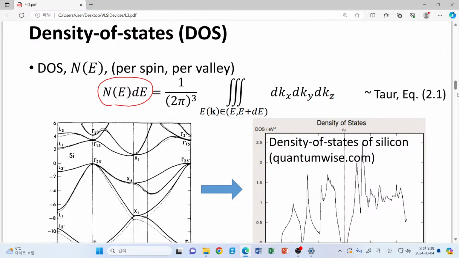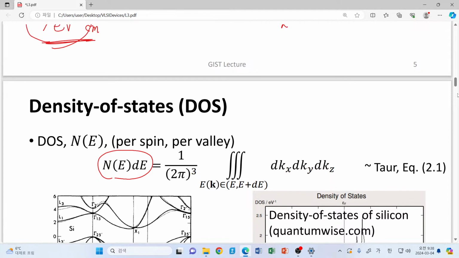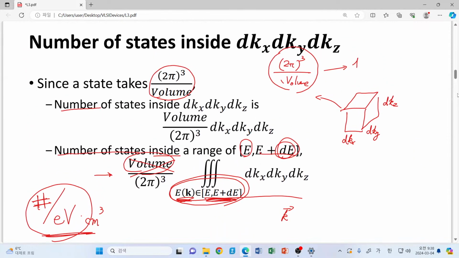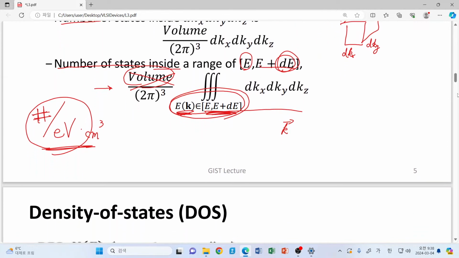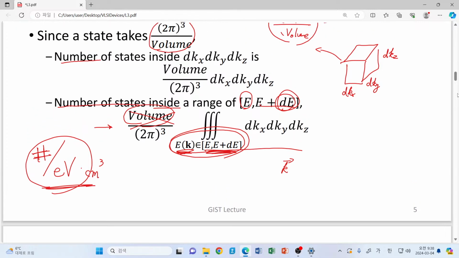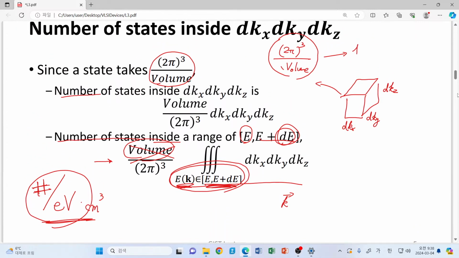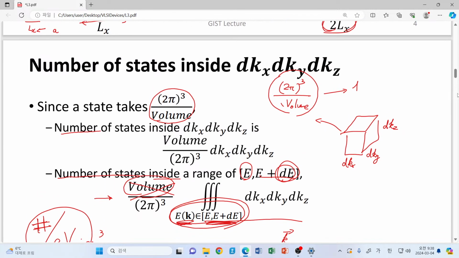Let me repeat how we can derive the concept of density of states from k-space. The most important observation is that each electronic state has a finite volume in k-space.